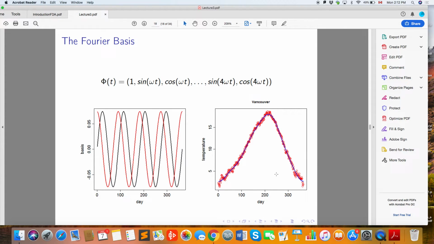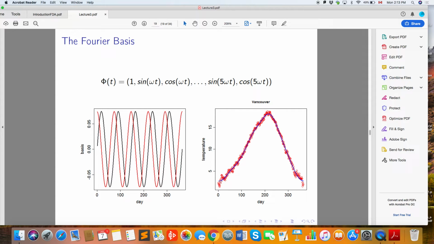Therefore, when we fit this temperature curve, it assumes the right end is connected with the left end, so it becomes more stable at the boundary. Okay, so that's another benefit of using the Fourier basis functions.